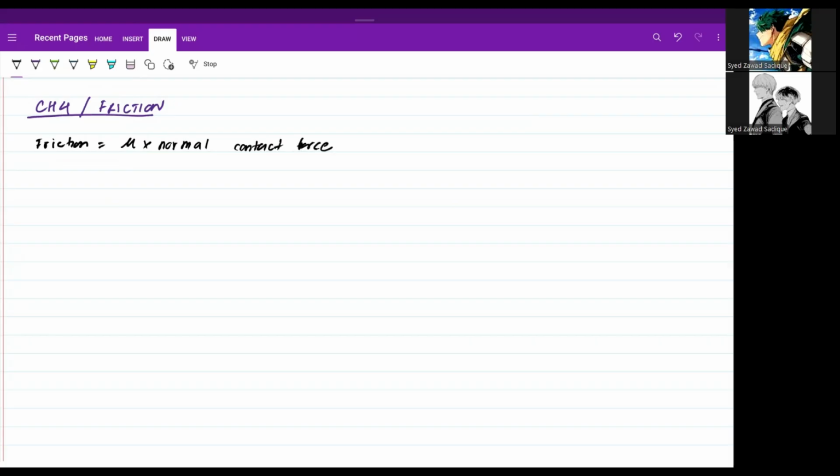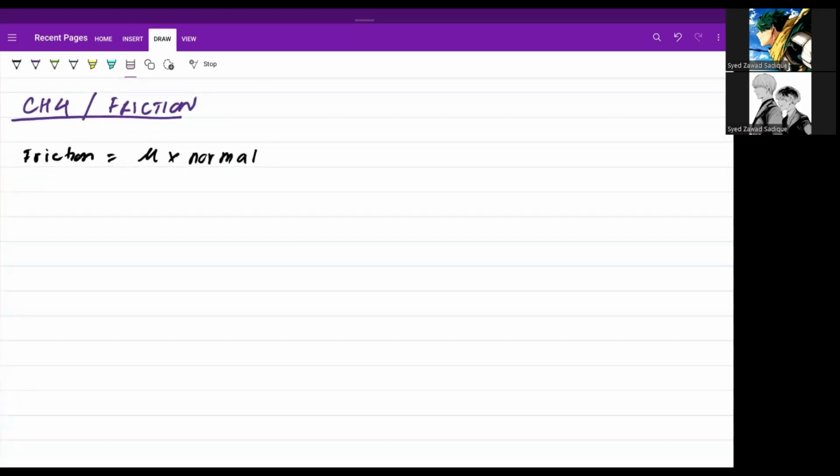You guys might be a little bit confused, thinking, what is mu? Mu is the frictional constant. It's a friction constant which is usually given in the question or you have to find out. So F is equal to mu R.